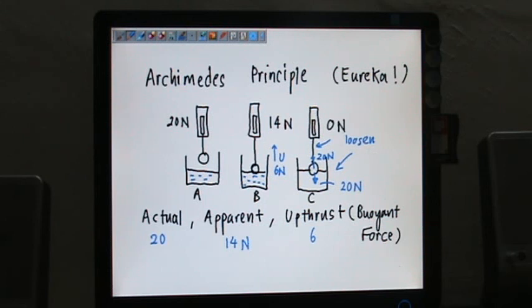So in this situation, we can say that for the object, upthrust equals mg, or W if you like to call it.